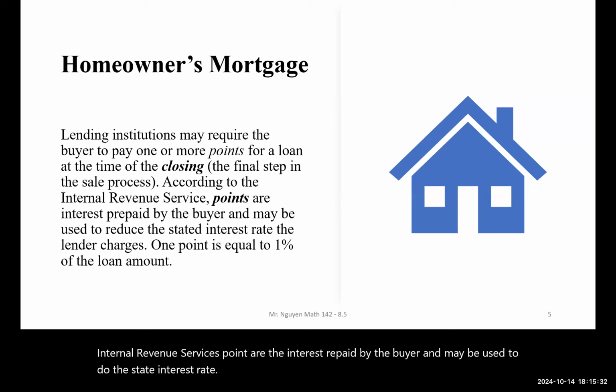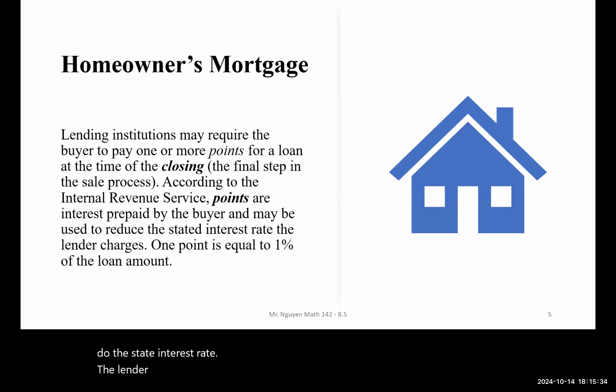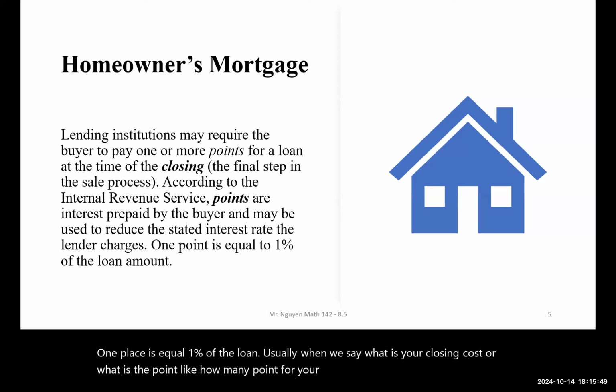The lender charges 1 point, which is equal to 1% of the loan. Usually when we say, what is your closing cost, or what is the point, like how many points for your loan, that's how we talk about it.